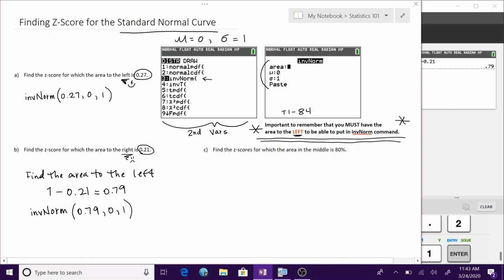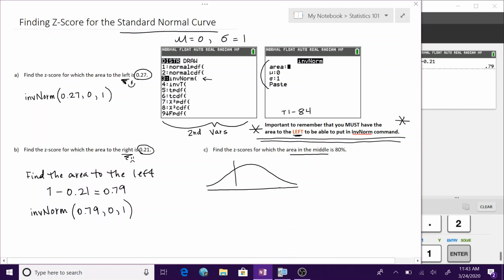Alright, now for C. It says find the area in the middle is 80%. Now for this particular question, I always draw a picture. When in doubt, draw it out.